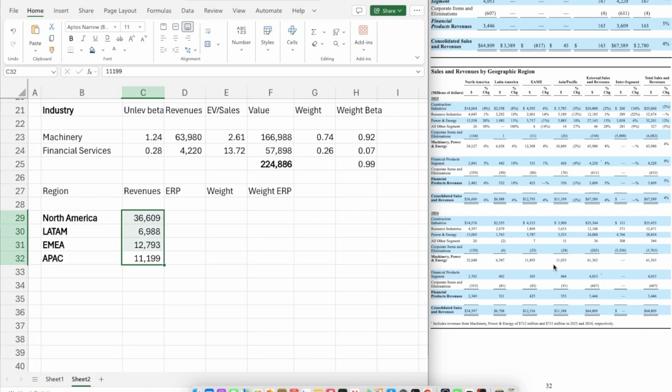We can actually see which regions are growing. APAC declined. Middle East grew. Latin America grew, as did North America.